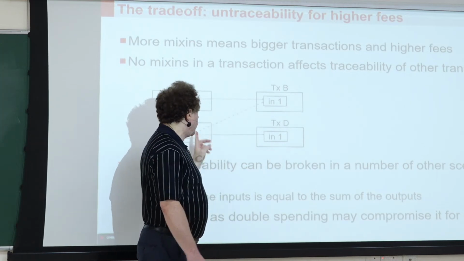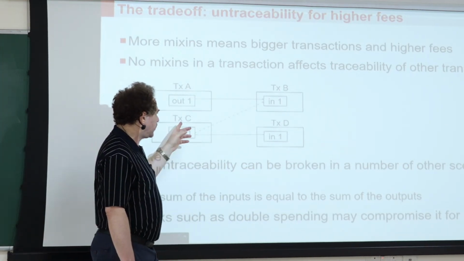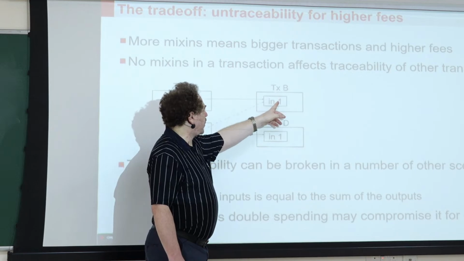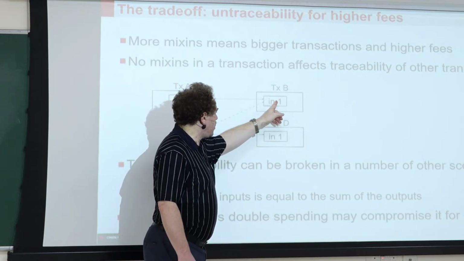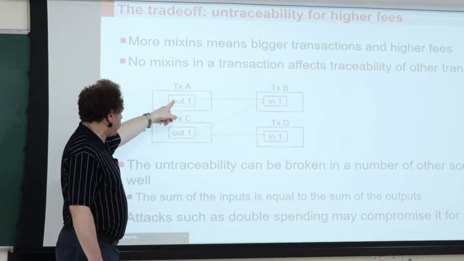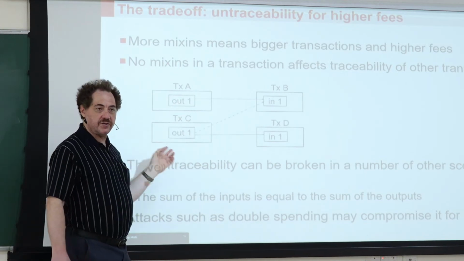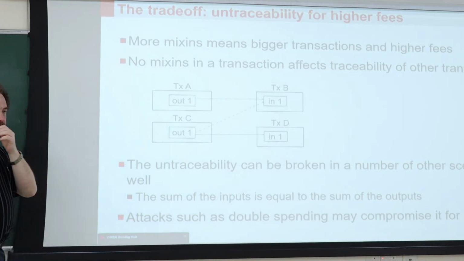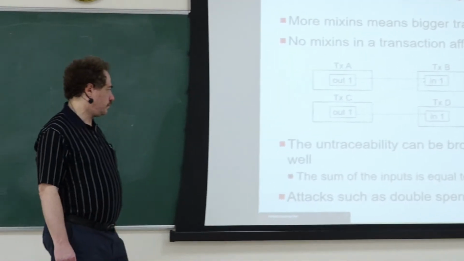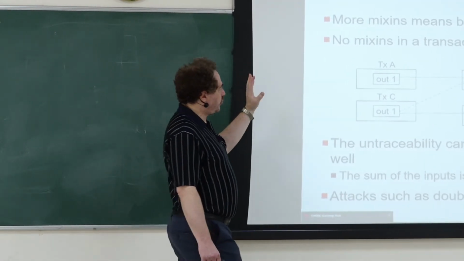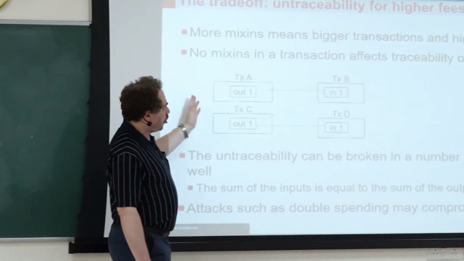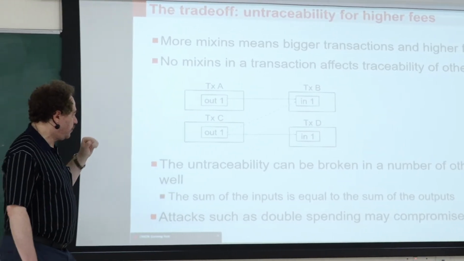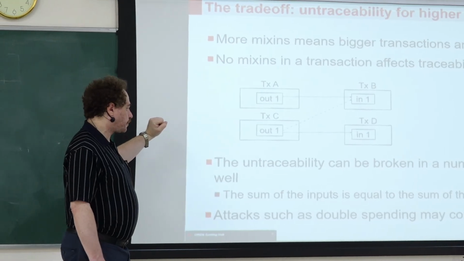By realizing this, we can come to the conclusion that this input corresponds to this output, and this mix-in doesn't help at all. So, sorry for the confusion. I hope the example is understandable now.